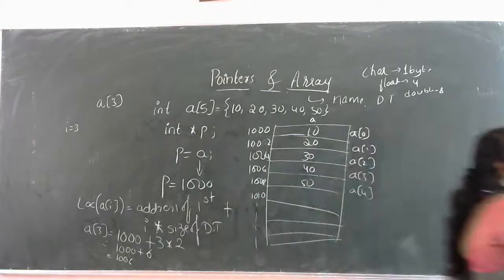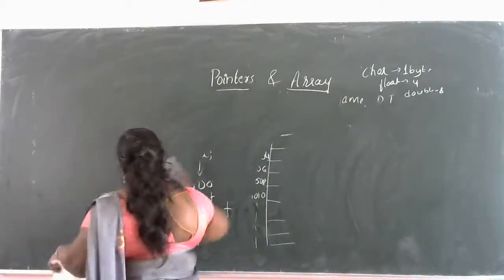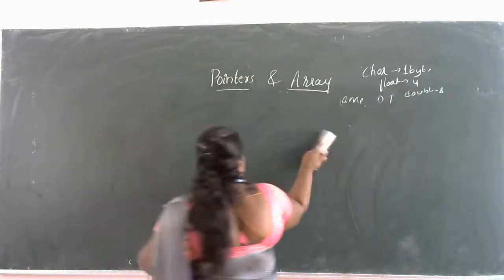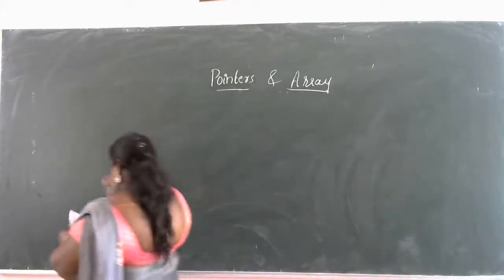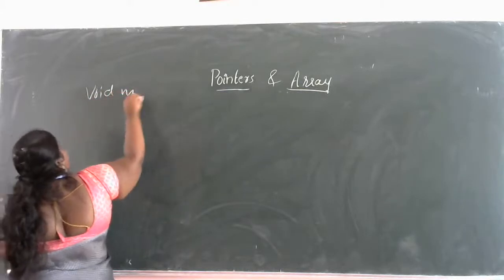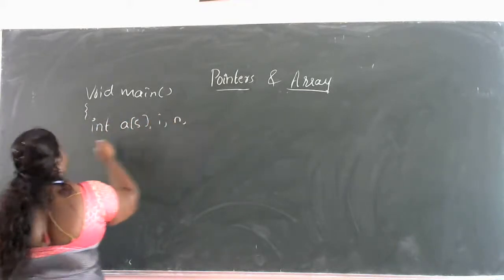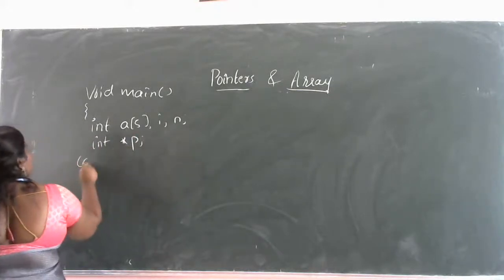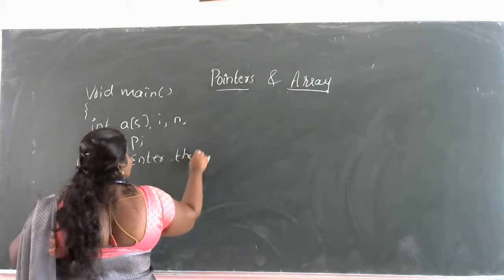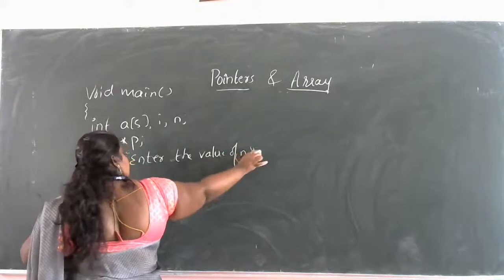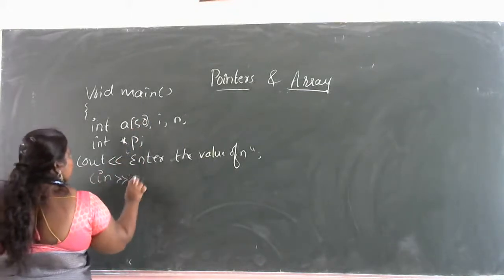Okay, we'll see the example program. Void main, int a of 50, i, n, int star p. Cout enter the value of n. Cin n.